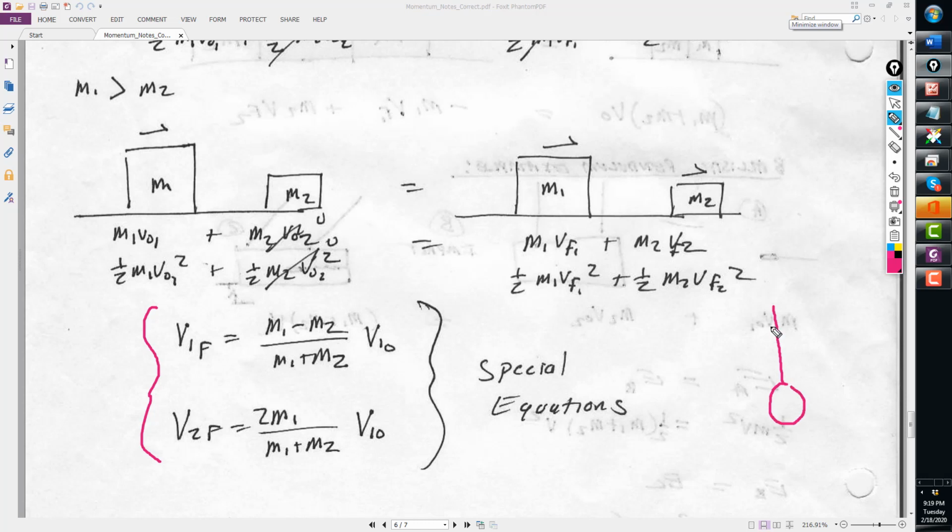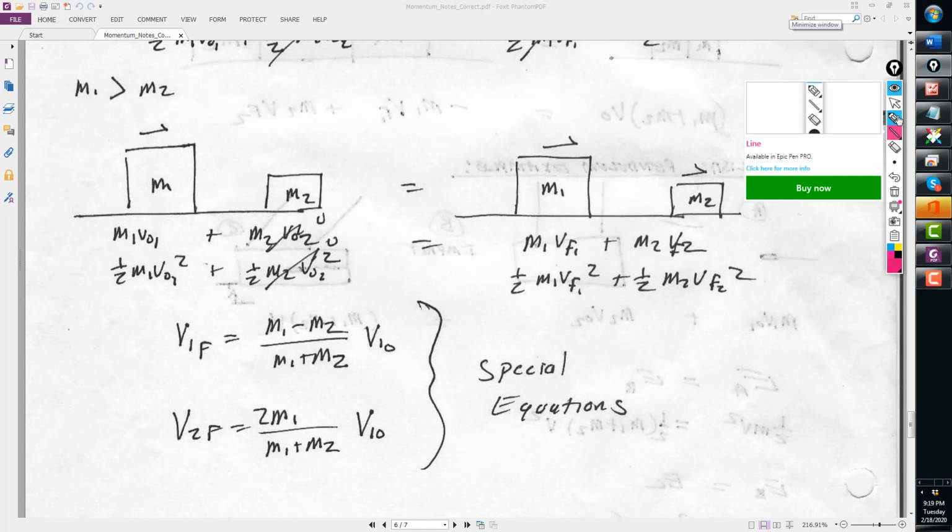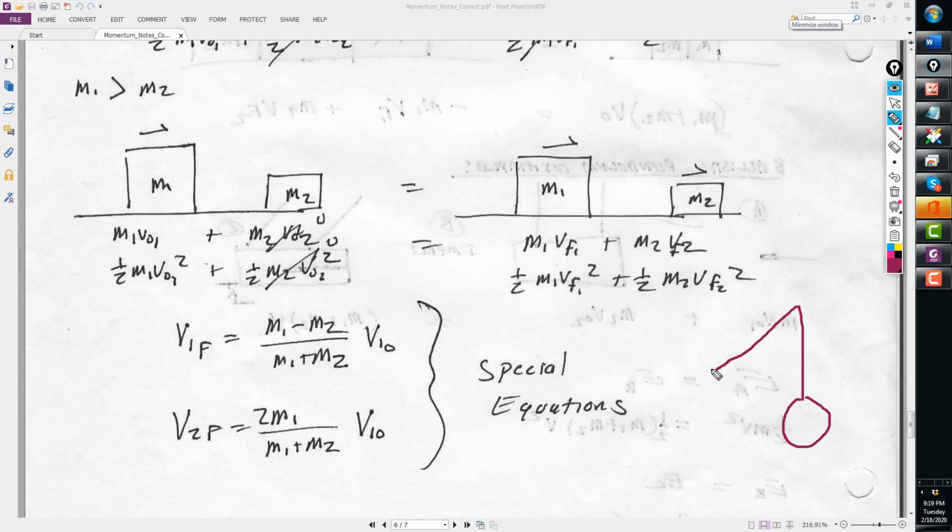And this also applies to a situation like I've seen a problem before, like there's a bead hanging like this, and it's kind of like a Newton's cradle, but Newton's cradle would be the same mass, and this hits this one and then this one stops and this one keeps going. But I've seen situations before where you have this and let's say one is like this, but this one is a smaller mass.